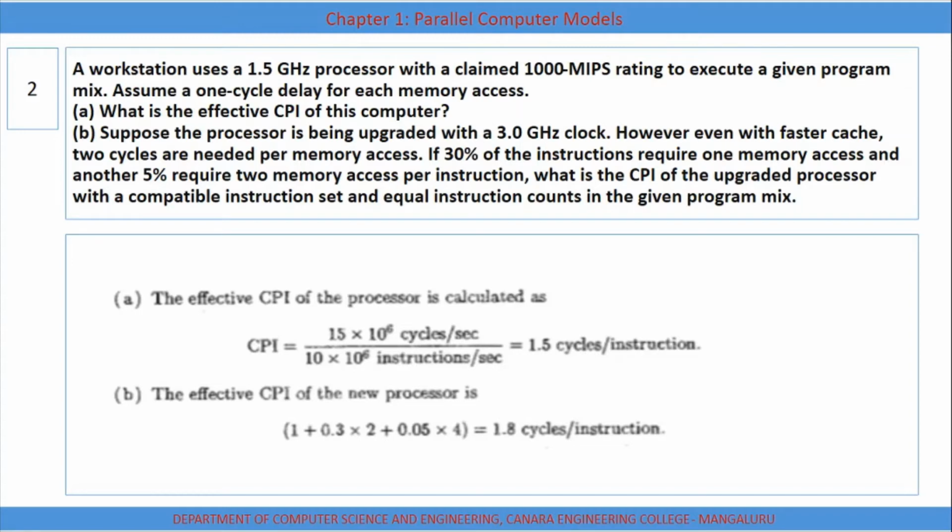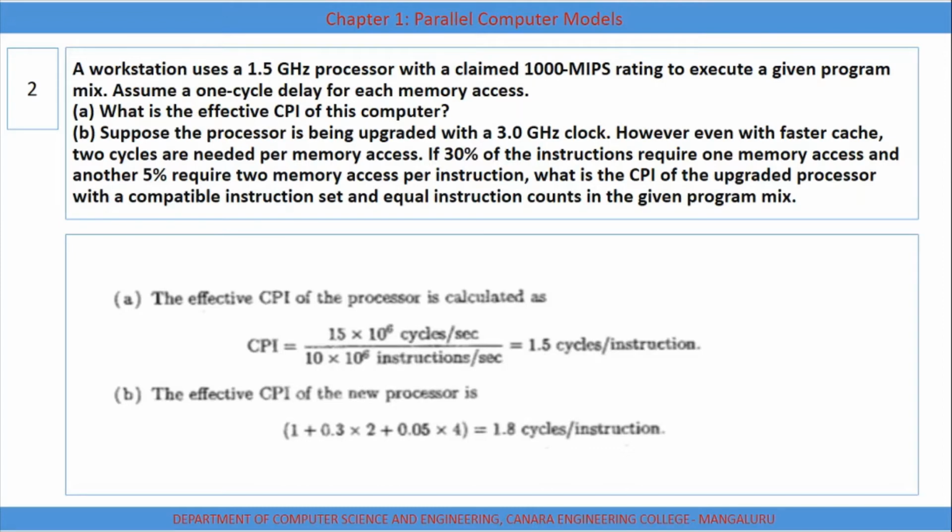What about the situation when it is being upgraded? After the upgrade, we need to add one delay. They have told us to assume a one cycle delay for each memory access, so 1 has to be mentioned, plus 30% of the instructions require one memory access. 30% means 30 divided by 100, so 0.3 into one memory access means 1 into 2 cycles.